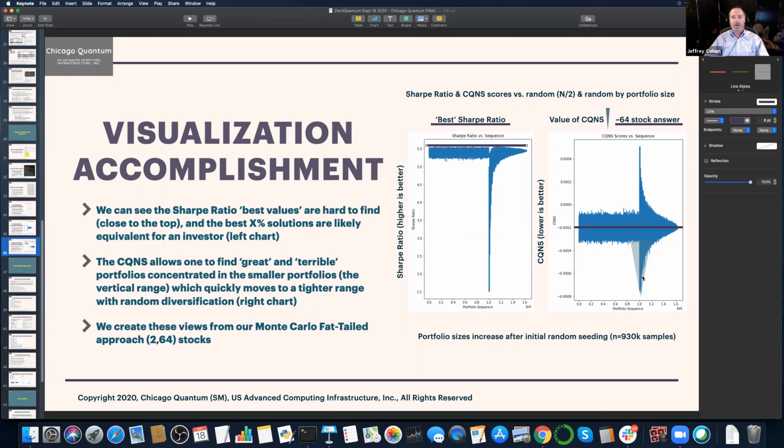It could say there aren't very many good Chicago Quantum Net Score portfolios. Or I've seen the tail move, and so it's 8 stocks or 10 stocks are the best. And so we calibrate our runs with the Chicago Quantum power score, and we look for how deep that minimum is in the Monte Carlo runs, and then we run it through the quantum. So we have to adjust.